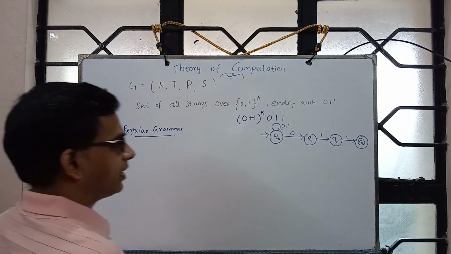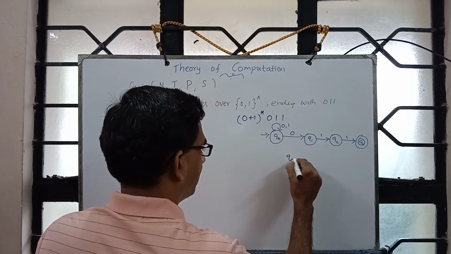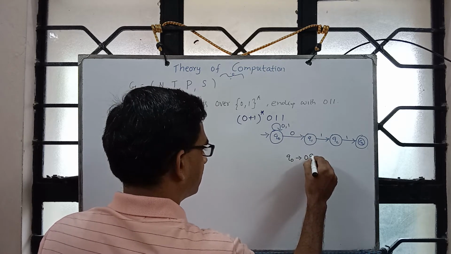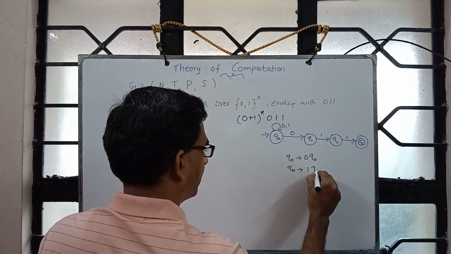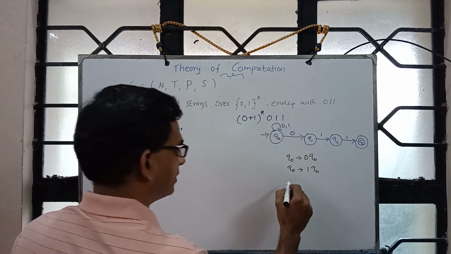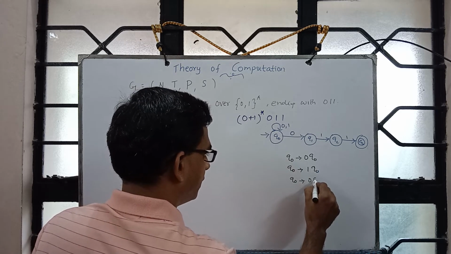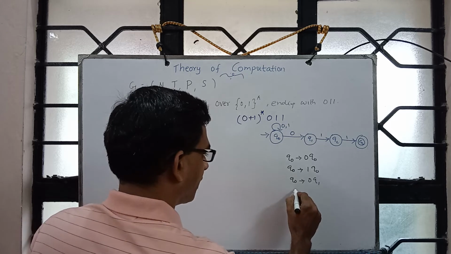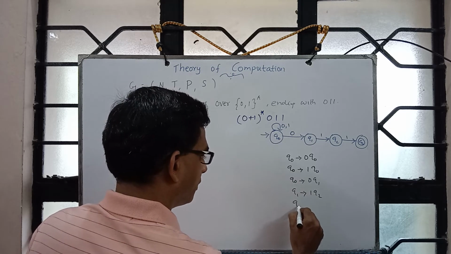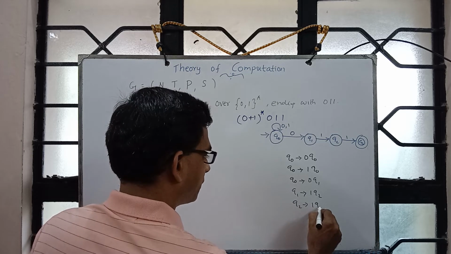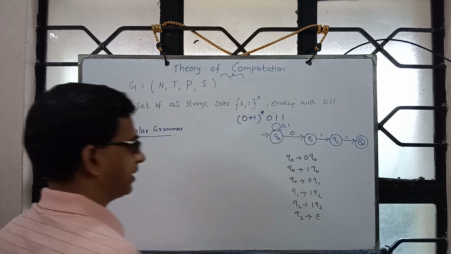Now you can see that from this one can write Q0 implies 0 Q0, Q0 implies 1 Q0 to take care of this. Q0 implies 0 Q1, Q1 implies 1 Q2, Q2 implies 1 Q3, and Q3 implies epsilon.